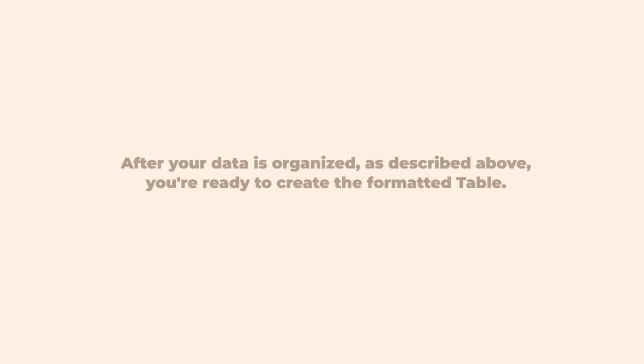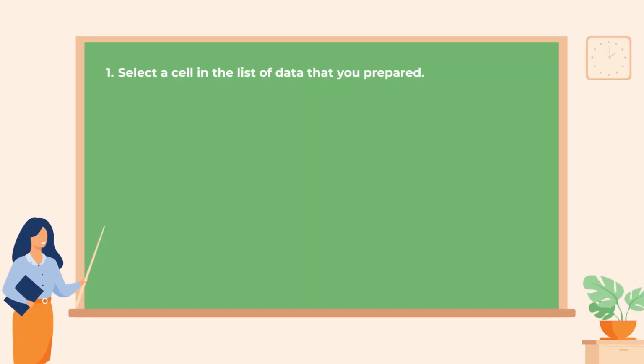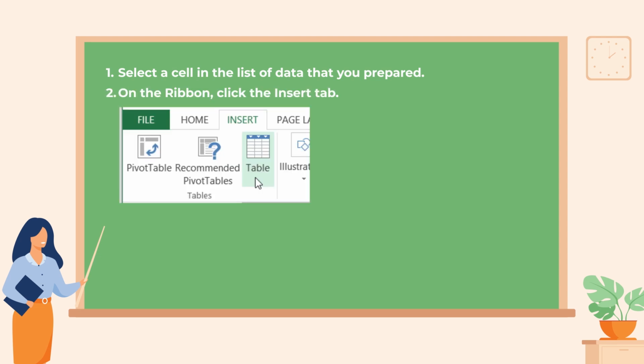After your data is organized, as described above, you are ready to create the formatted table. Select a cell in the list of data that you prepared. On the ribbon, click the Insert tab. In the Tables group, click the Table command.